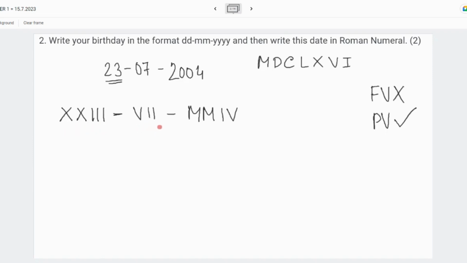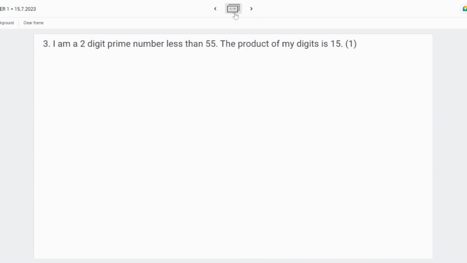We can use the bar method for 4000 because for Roman numerals we cannot repeat one digit 4 times. So this is my Roman numeral, and going to the next question.